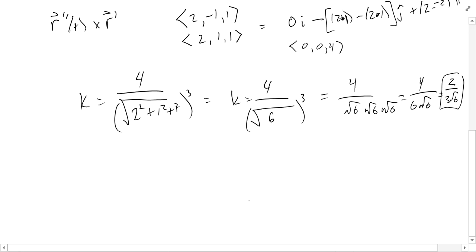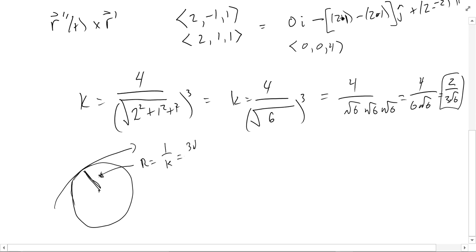So that would give us the curvature at that point. What that means on our curve is that if we've got our curve going along here and we add in an osculating circle, a circle that just touches at that point and is tangent to the curve right there, the radius of this circle would be 1 over the curvature.